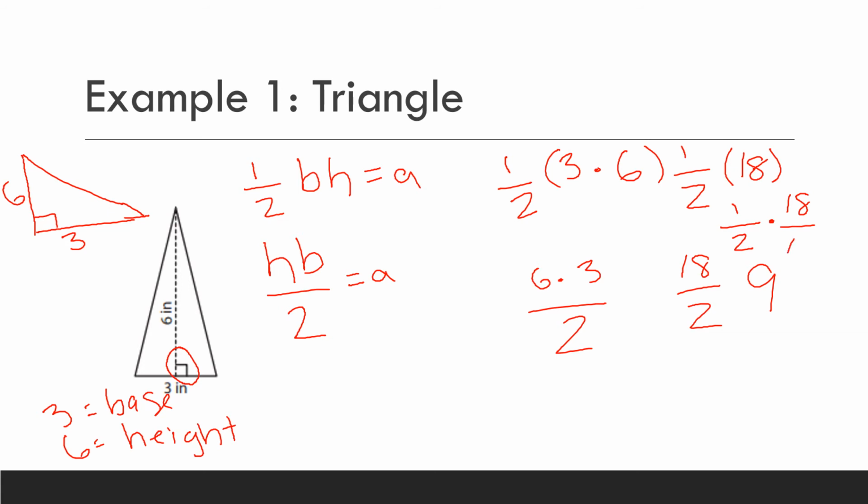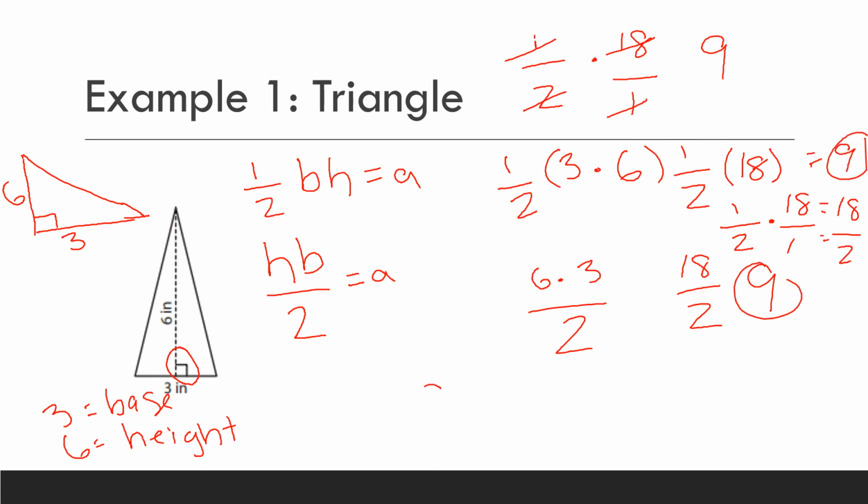And then we can either multiply across, so I get 18 over 2, or if you prefer, and a quicker way would be to cross simplify. So in case you need a reminder, the 1's cancel out. Then we can divide 18 by 2, so the 2 cancels out, and 18 divided by 2 is 9. So whichever way works better for you, you're going to end up with 9.